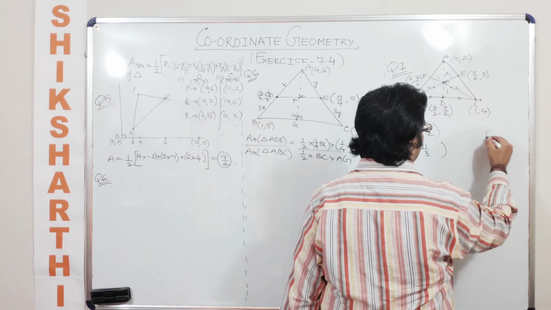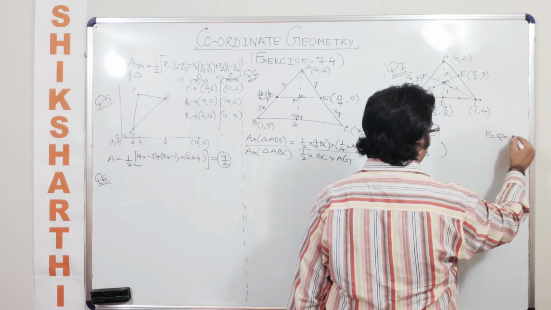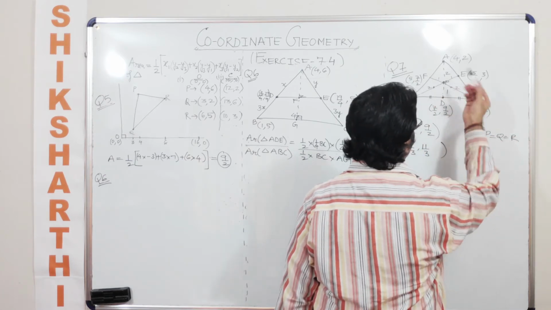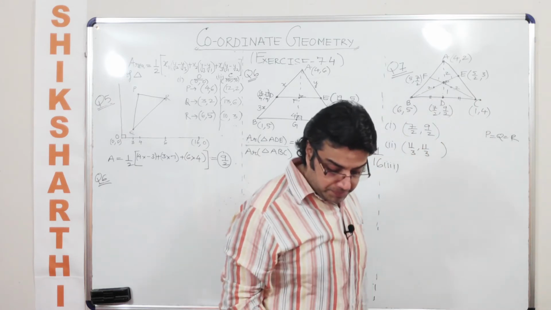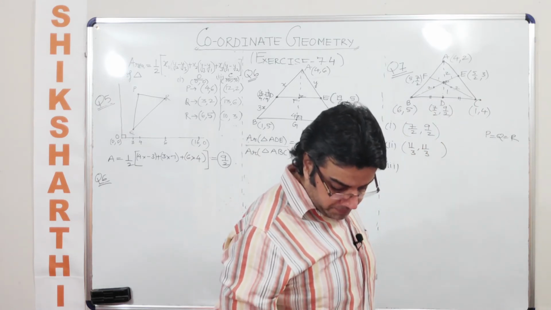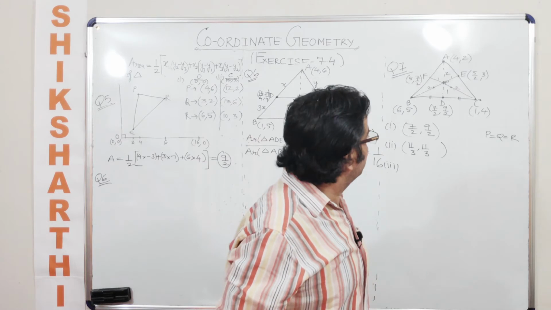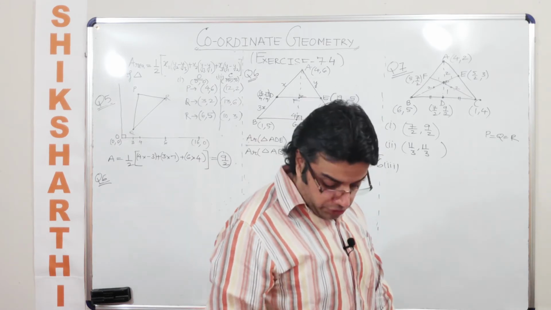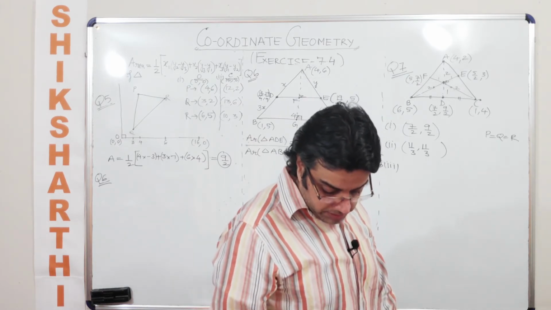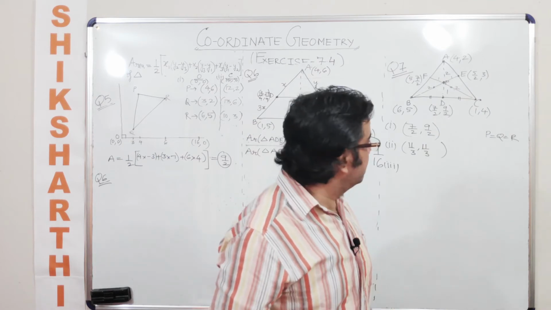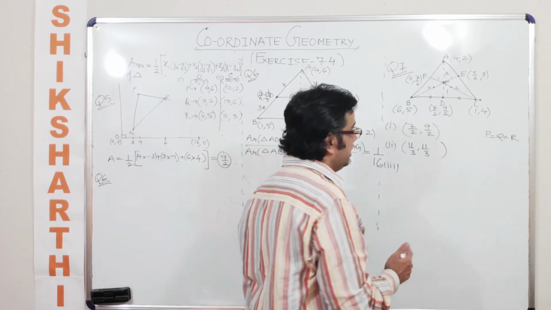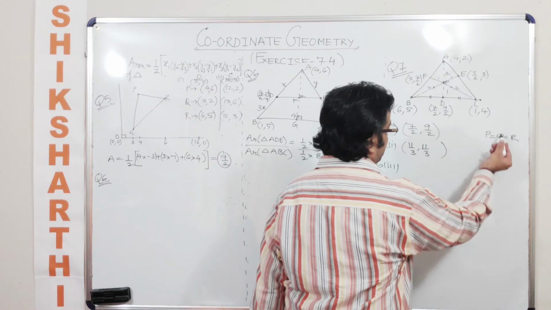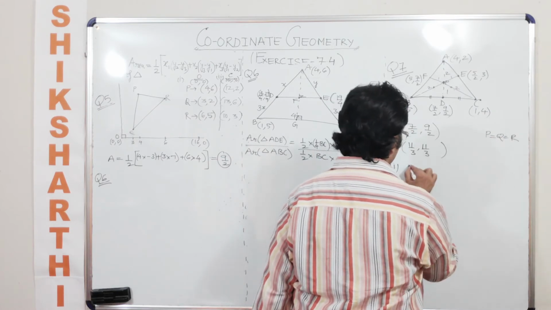Are they talking about P equal to Q equal to R, because it is only then that the ratio can come out to be 2:1. And they are asking to find out the coordinates of Q and R. So can I say that the coordinates of Q, P and R would be the same, because in any case they happen to be what? Centroid.